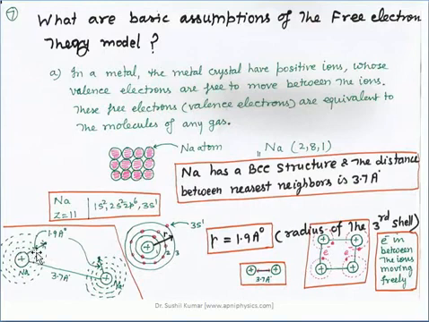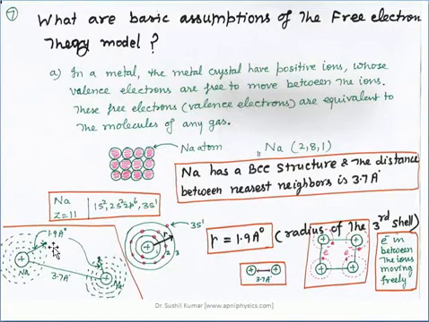And the valence electron radial distance in an orbit of an individual atom is 1.9 angstrom. So you can see that there is enough space for this electron and for the electron of the second atom to move in between these two atoms, right?